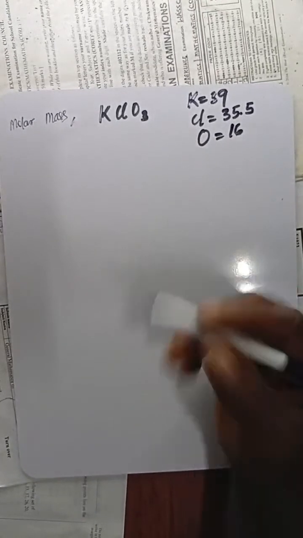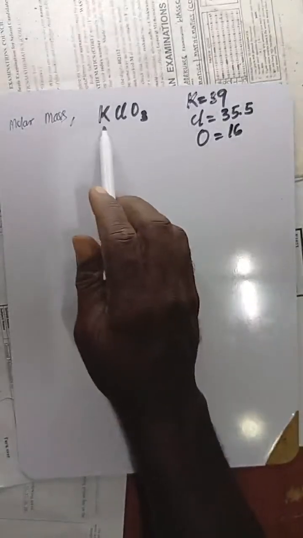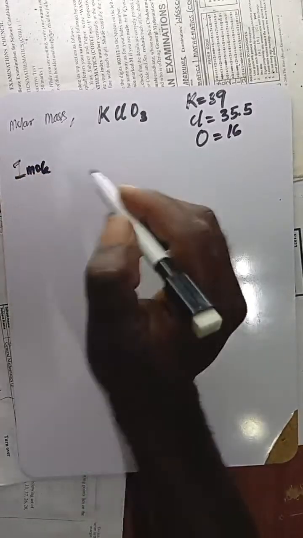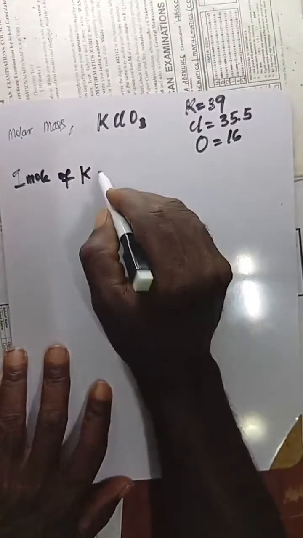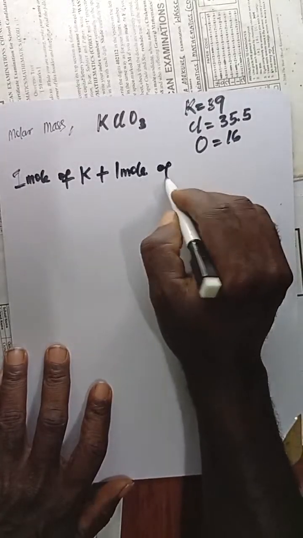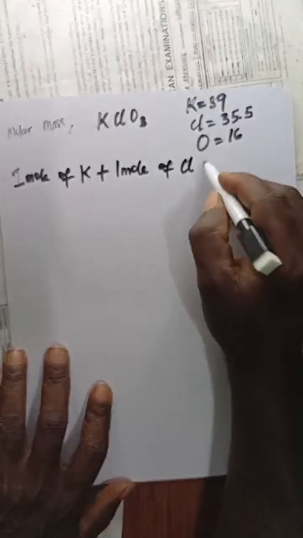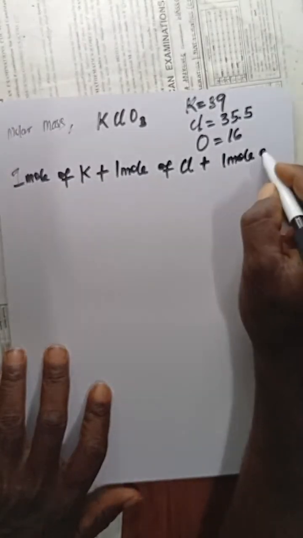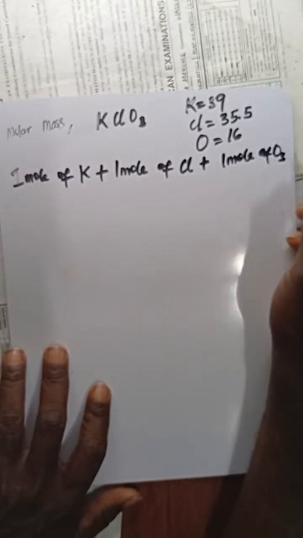So the K, you'll be adding 1 mole of potassium plus 1 mole of chlorine plus 1 mole of O3.